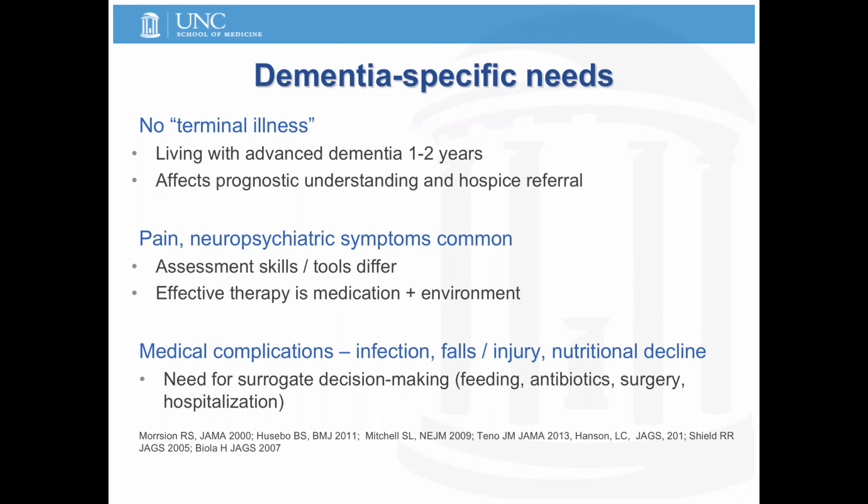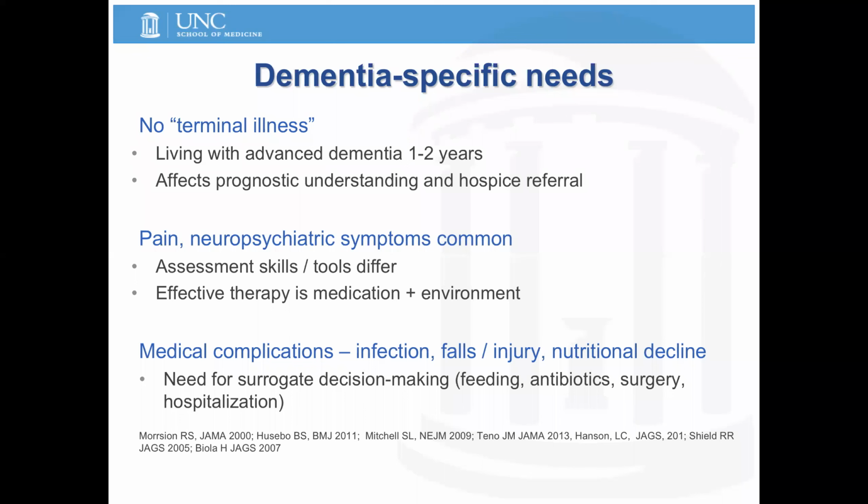Some other characteristics to keep in mind: dementia has no specific terminal illness stage, and people live with the most advanced stage of disease for 1 to 2 years. And this has profound effects on caregivers' prognostic understanding as well as hospice referral.